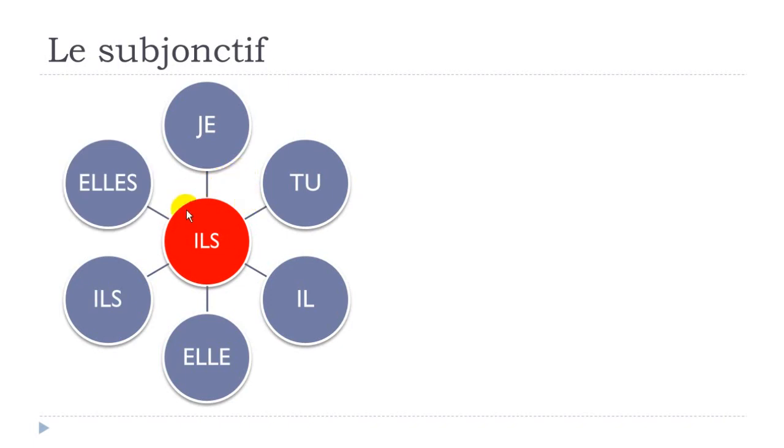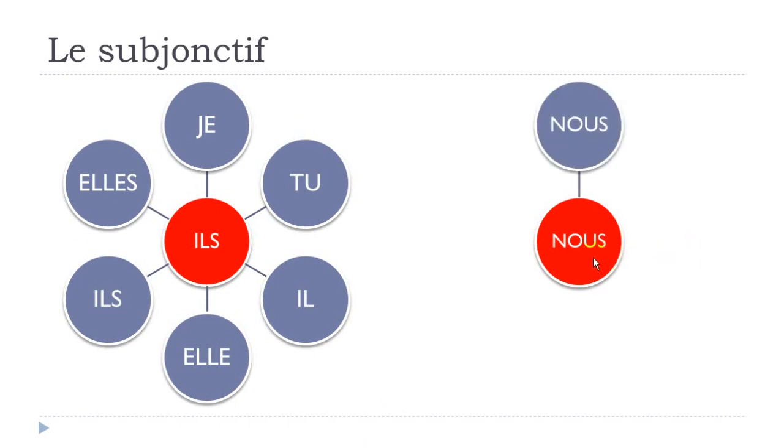So the form of your verb at the present, at the third person of the plural, will help you construct the subjunctive form for all these persons. And that's the difficulty because, of course, for nous and vous, you will have to use the nous form of the present to construct nous and vous. And that's the tricky thing of the subjunctive.